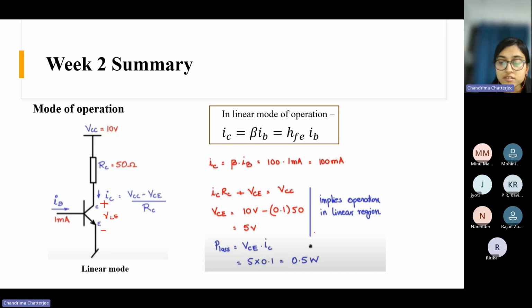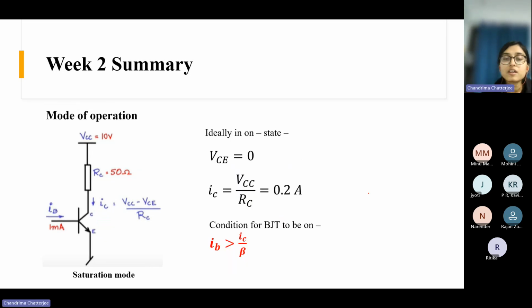So this is the linear region. What I mentioned earlier is that we need to operate in saturation mode, because in saturation mode we can operate the BJT as a switch. Switch means it will either be in on condition or in off condition.